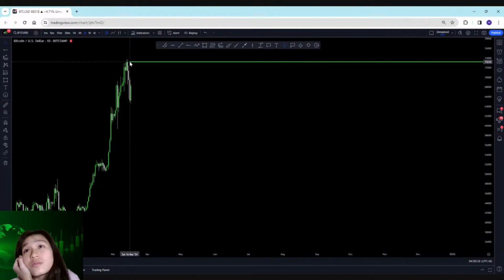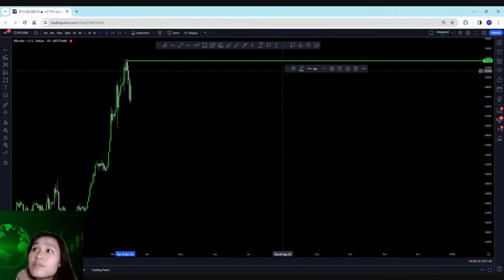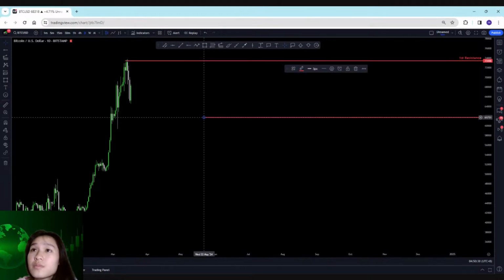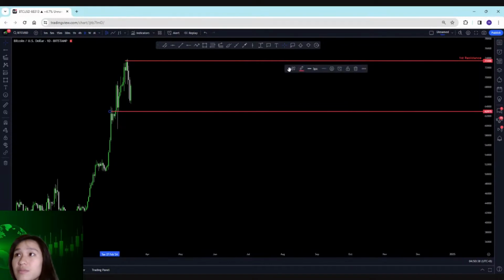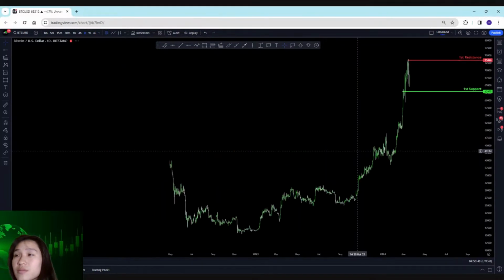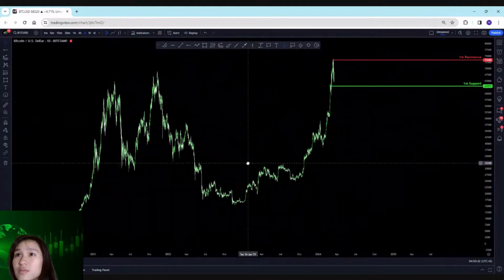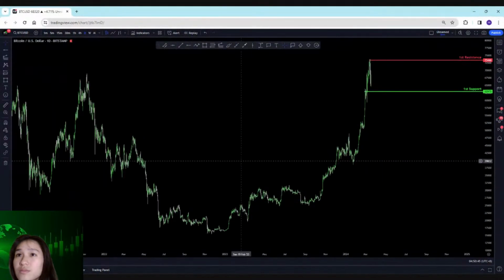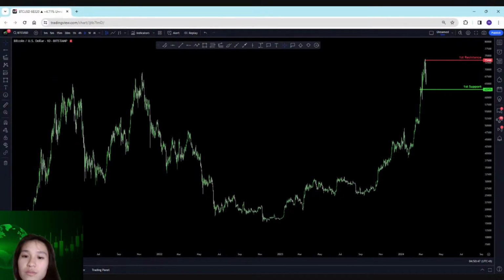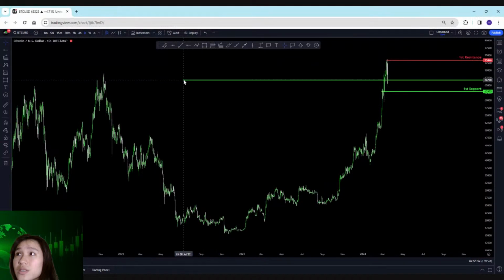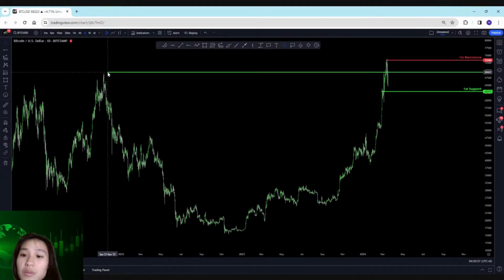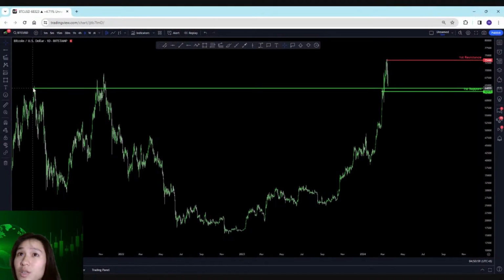So first resistance up here, first support over here, and my pivot will probably be here, or here actually.